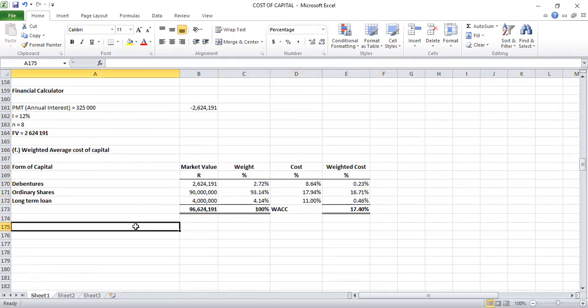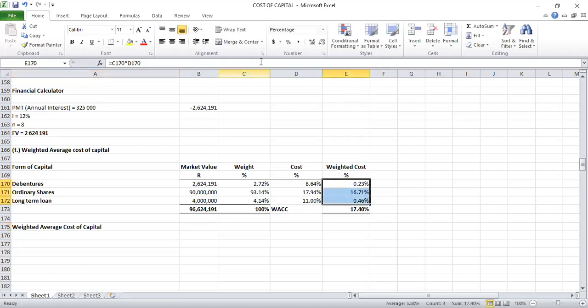Then your weighted average cost of capital would be the total of the weighted costs, the addition of these ones. Then you get 17.4%. So that's how we get our weighted average cost of capital.